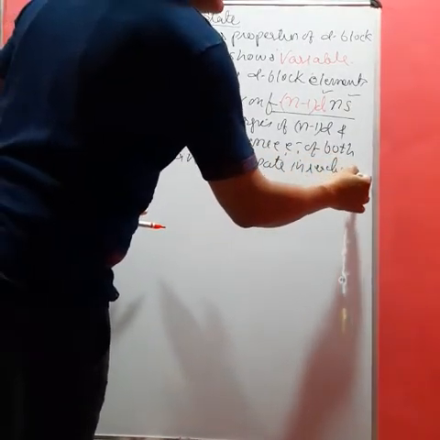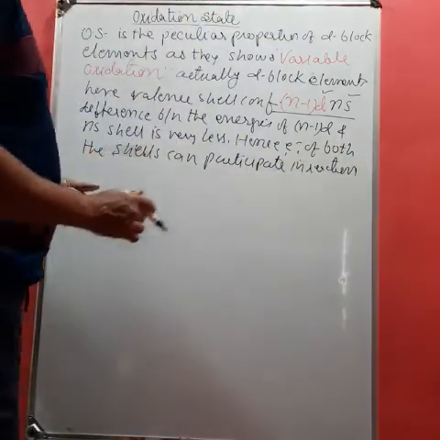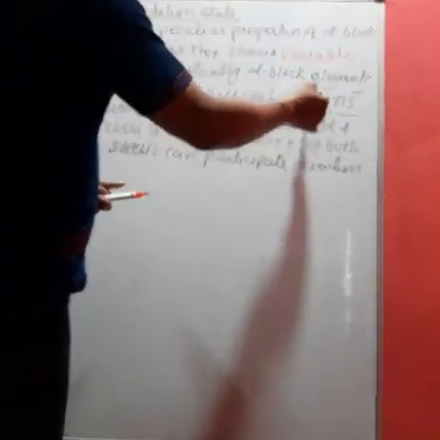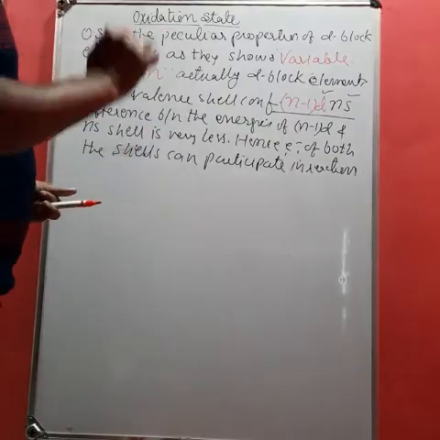Therefore the oxidation state becomes the sum of electrons of (n-1)d as well as ns.